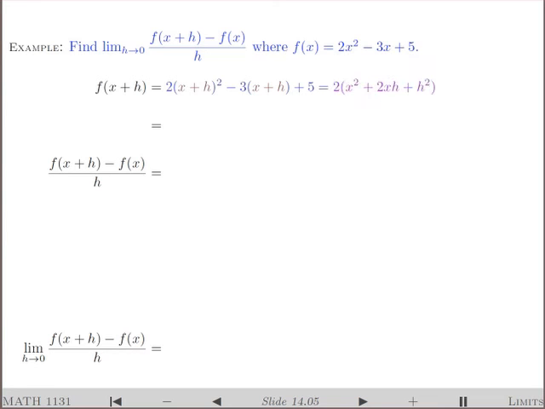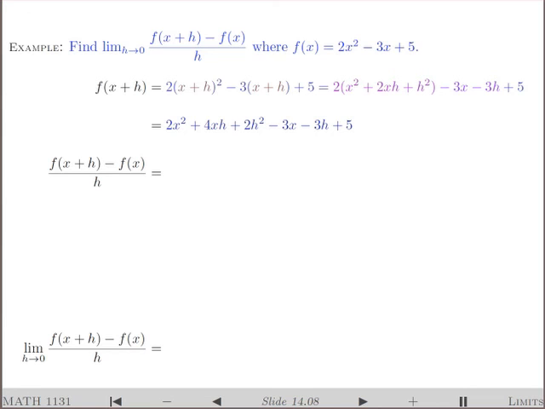So that gives me 2 times the quantity x squared plus 2xh plus h squared minus, if I distribute the negative 3, negative 3x minus 3h, and finally plus 5. And to finish this portion of calculation, I need to also distribute the 2. So altogether I get 2x squared plus 4xh plus 2h squared minus 3x minus 3h plus 5.